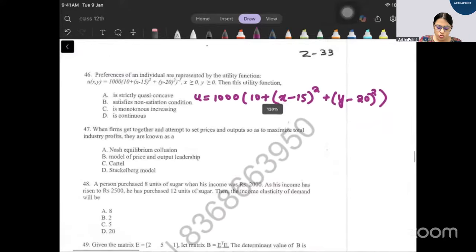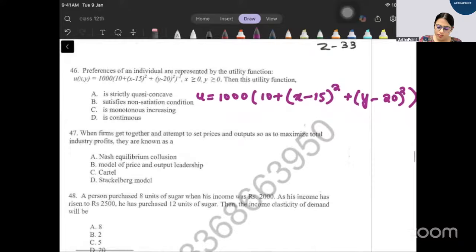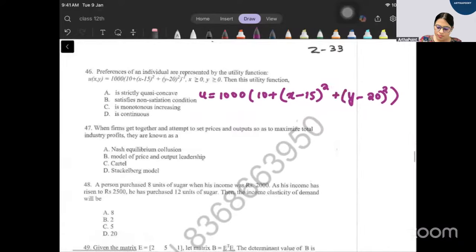I think this is also to the power minus 1. Give it a try. Give question number 46 a try.